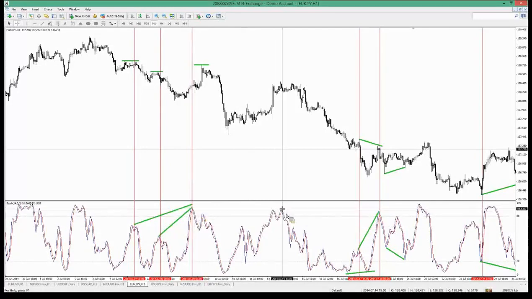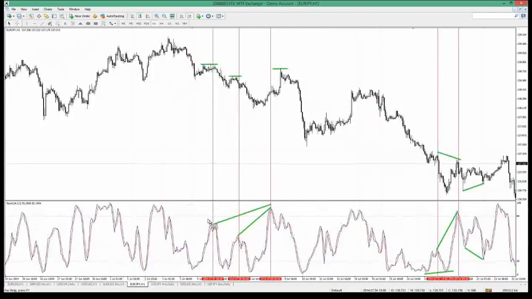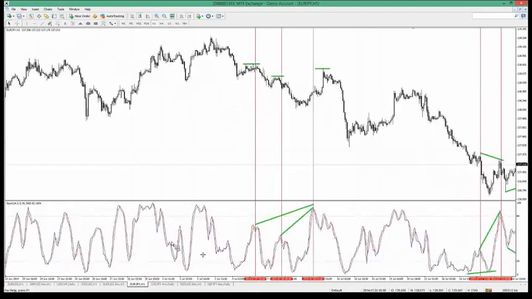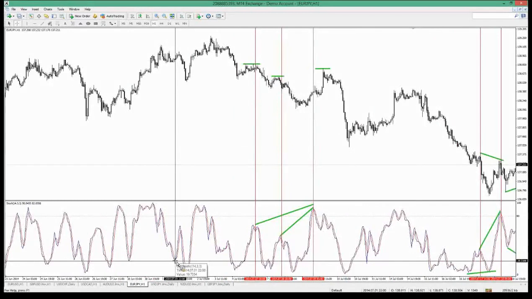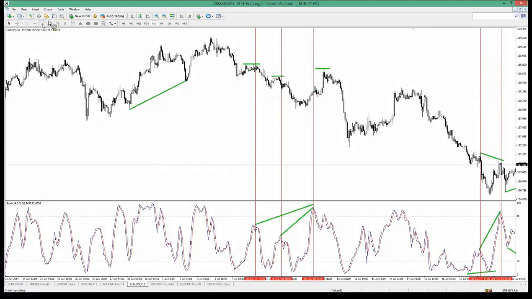Price is kind of stable in this area here, nothing there. We are from here to here, so from here to here to here, so that to that. What you'll notice is it doesn't set up that often, and as I said, it can be a little bit tricky to spot.